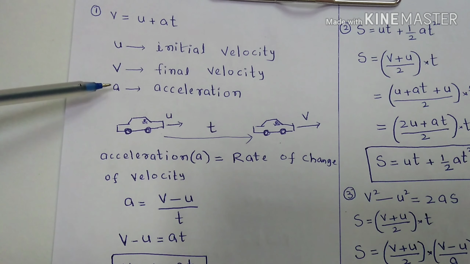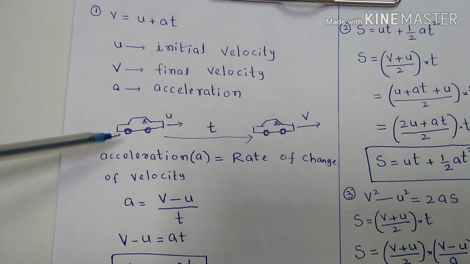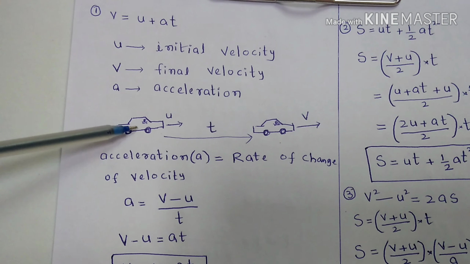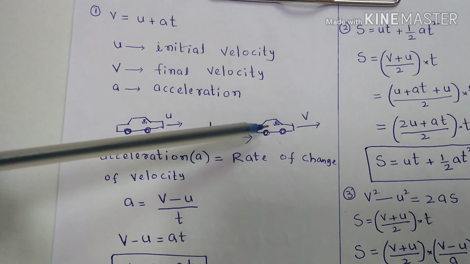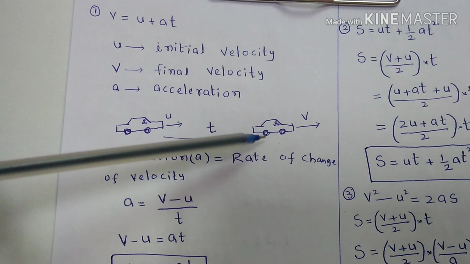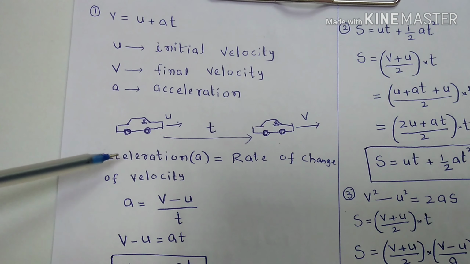A is acceleration. I will define what is acceleration. You see, one car is moving with initial velocity U. The fellow inside the car is accelerating. After some time t, its velocity becomes V. Since I accelerated, the velocity is increasing.